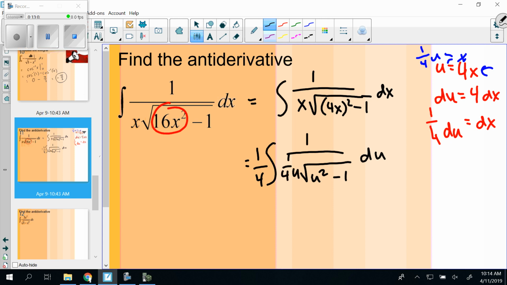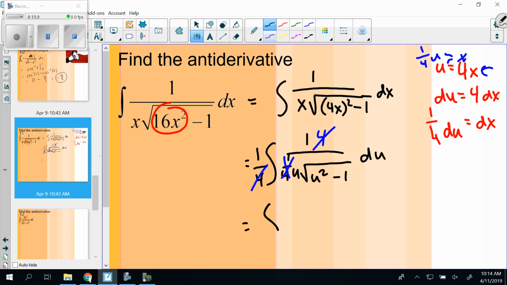Okay, that 1/4 is in the denominator. So if we multiplied by the reciprocal, that would mean that really this is the same as having 4 up here if we multiplied by the reciprocal. And then we can see that those two 4's cancel out.